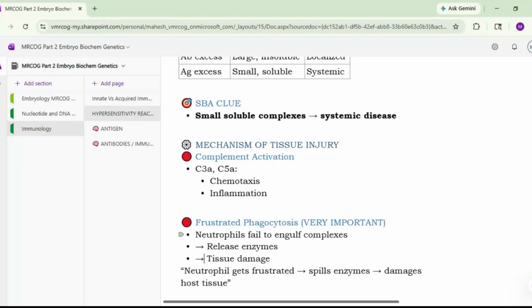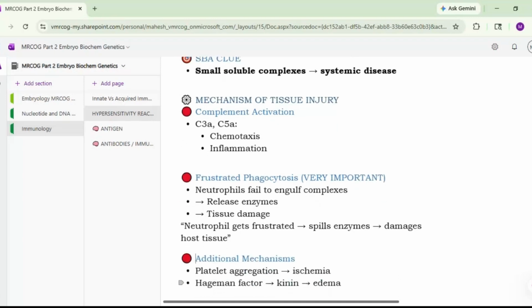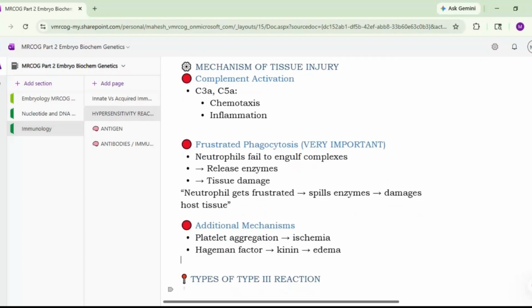Neutrophils fail to engulf the complexes. So what they will do is release enzymes that cause tissue damage. So neutrophils get frustrated, they spill the enzymes and damage the host tissue. Okay, then what are the additional mechanisms? Platelet aggregation will lead to ischemia. Then there is Hageman factor that will lead to production of kinin and edema.